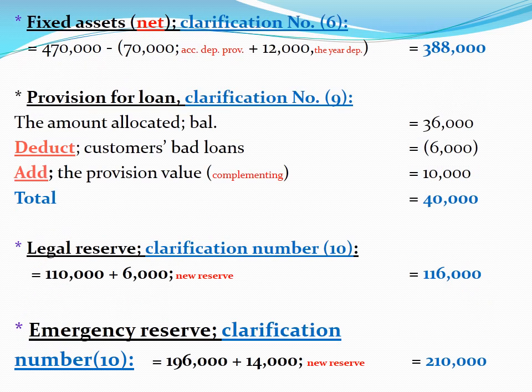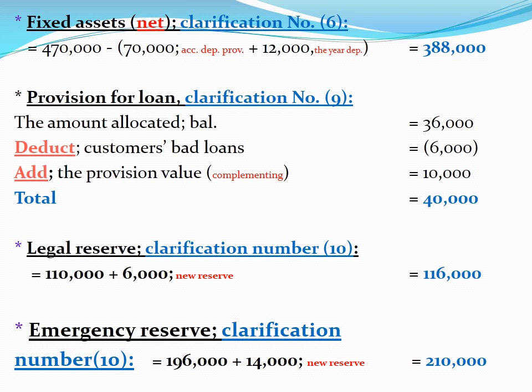Now, fixed assets, net. What is meant by net? This means I will not mention fixed assets in the asset side and provision for accumulated depreciation in the liability side. No, I will deduct the accumulated depreciation from fixed assets in the asset side. That's why it will be net fixed assets. 470,000 from the trial balance.